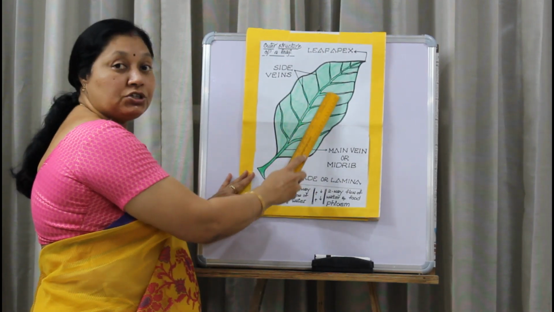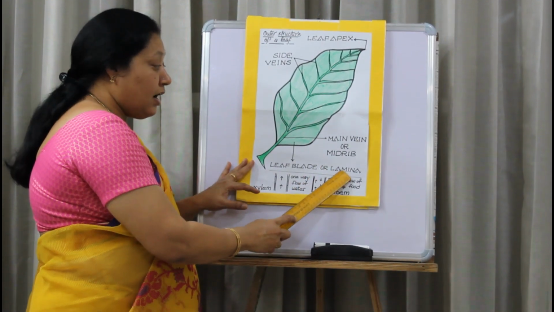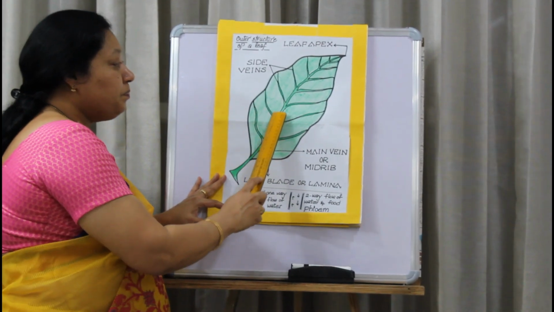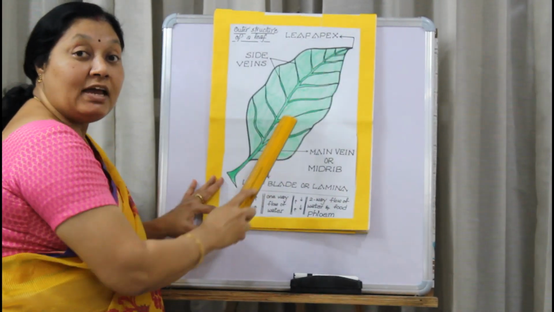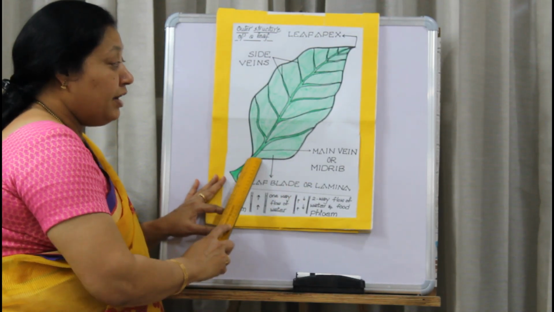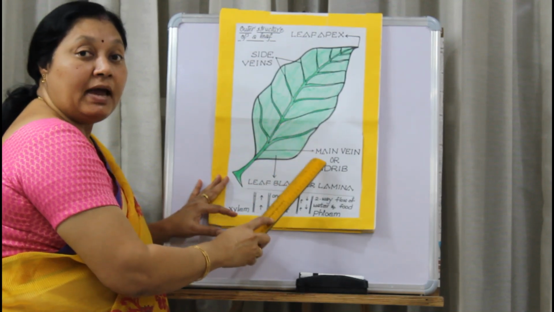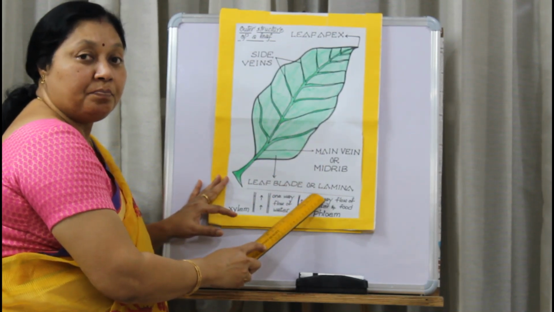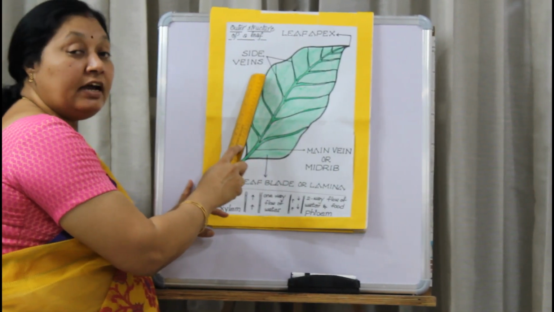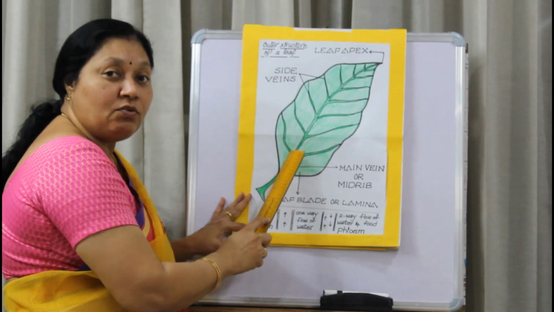In the middle of the leaf you see a thin tube which is called the main vein or the midrib. The main vein is branched out into many side veins.